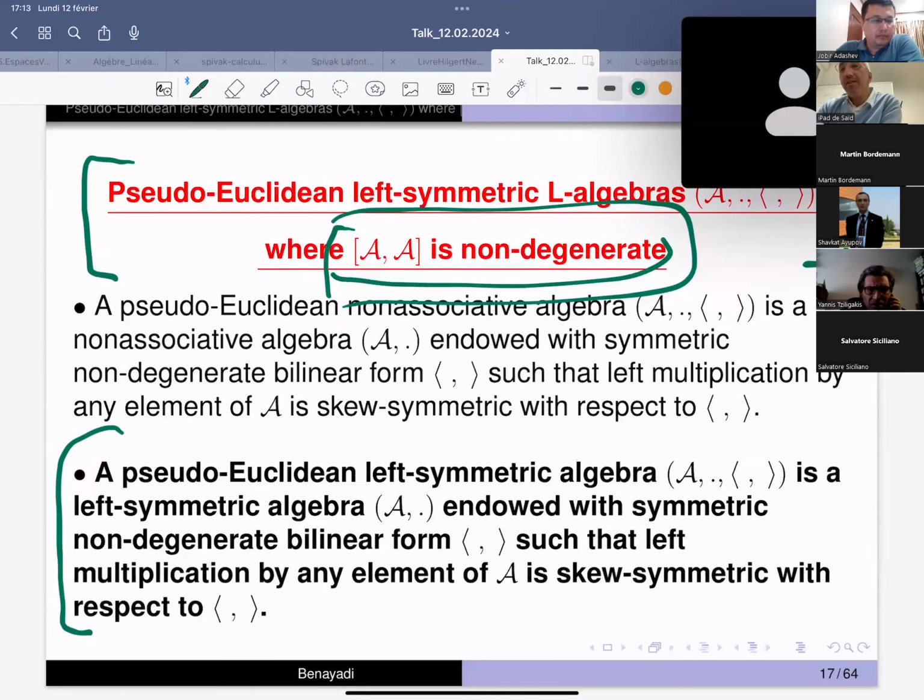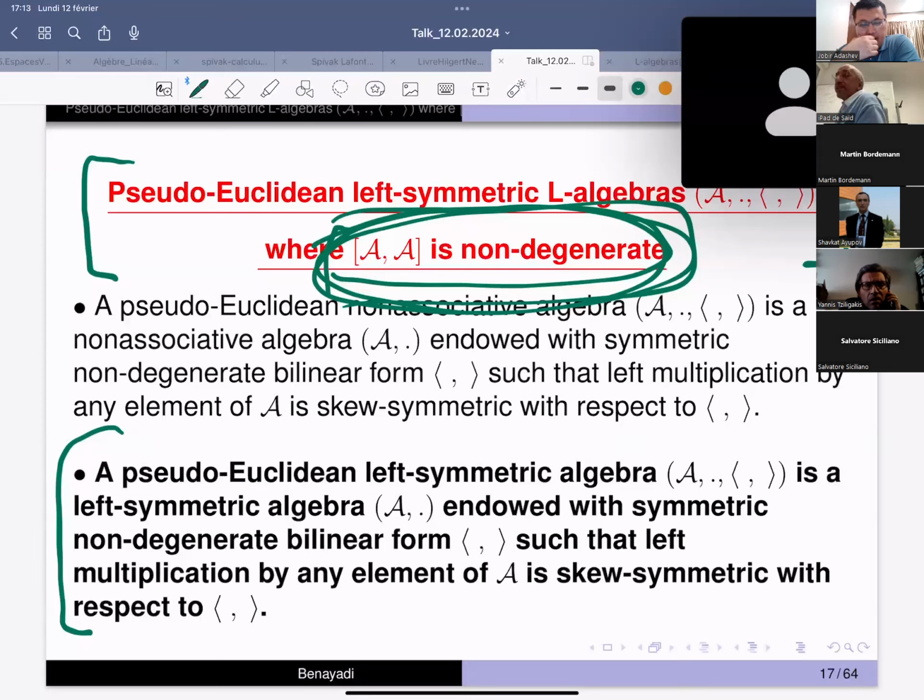If you impose pseudo-Euclidean... I just wanted to know, if you don't talk about forms at all, but just have these two structures at the same time, left-symmetric plus left-Leibniz, whether this already gives you strong conditions on the algebra.